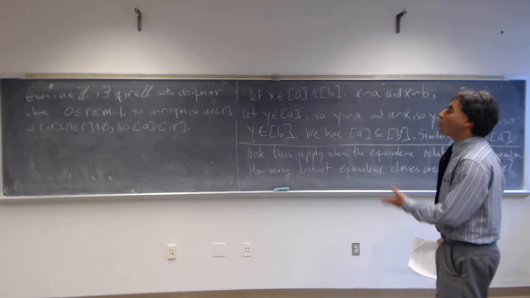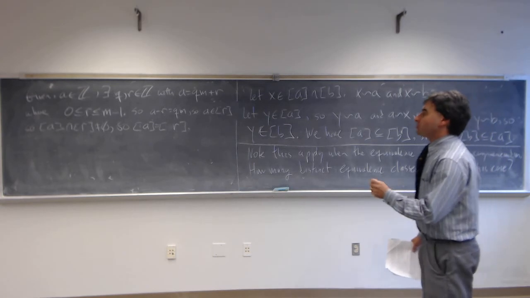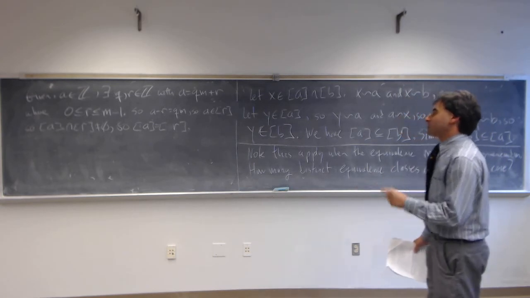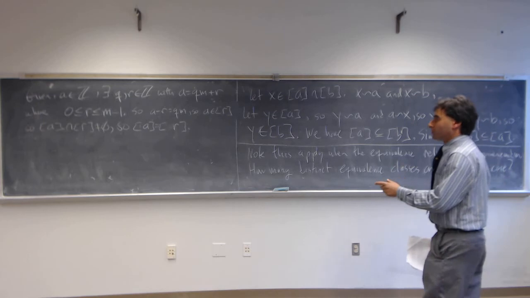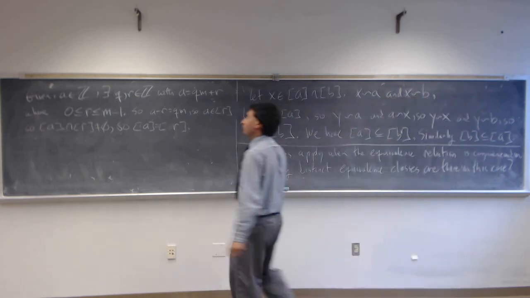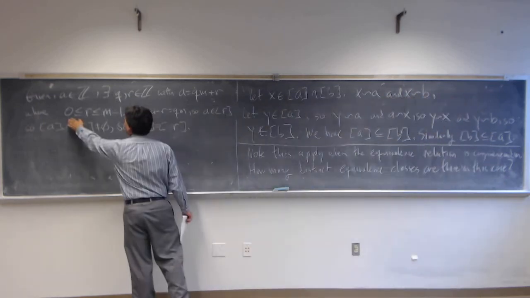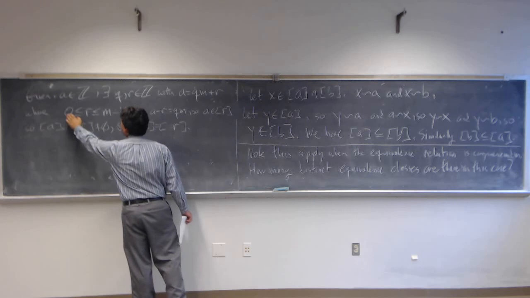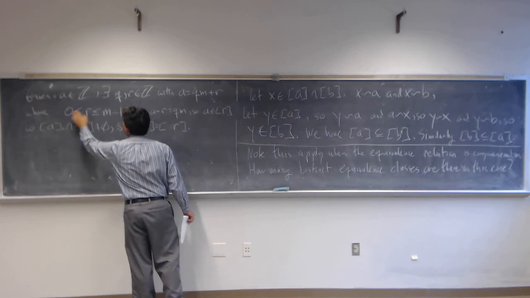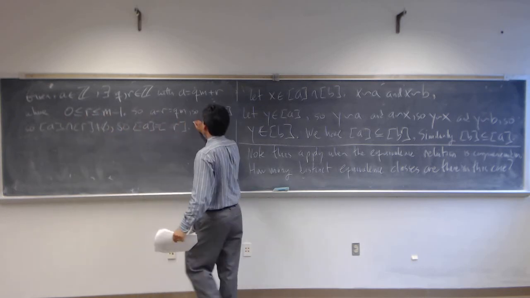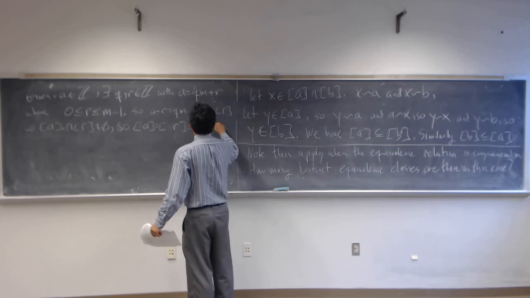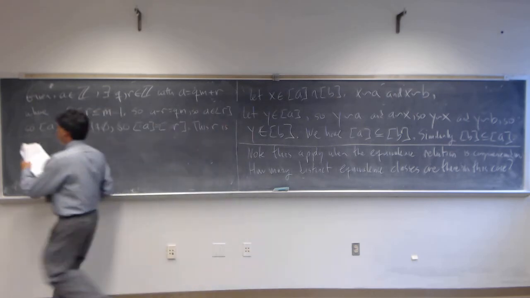So if we look at all the integers, the equivalence class determined by any integer is in fact one of the equivalence classes determined by integers between 0 and m minus 1. And this r has to be unique.